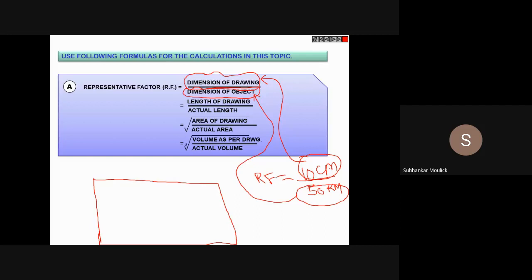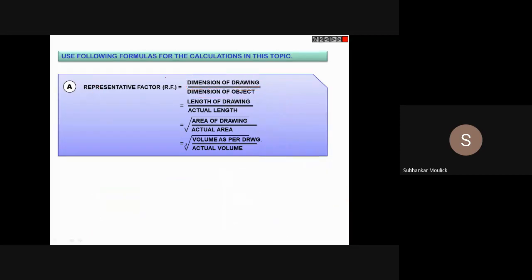But if the units are not matching, make them match. That means you should know how to convert a kilometer into a centimeter, or a centimeter into a kilometer, or a meter into a decimeter, or a decimeter into a decameter. That you should know. Fine. So by the help of RF, I can represent a 50 kilometer line by a 10 centimeter line. Now there are different definitions of RF available.